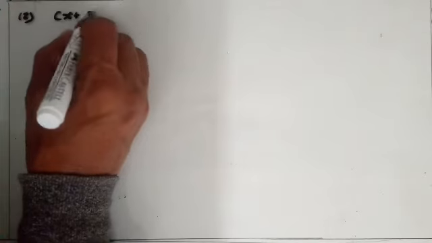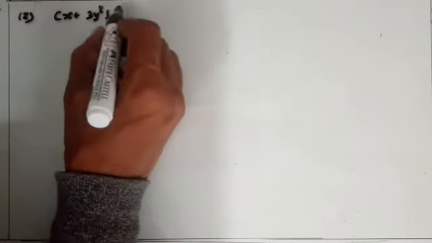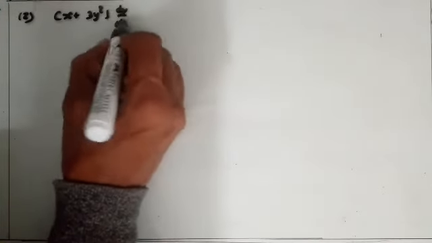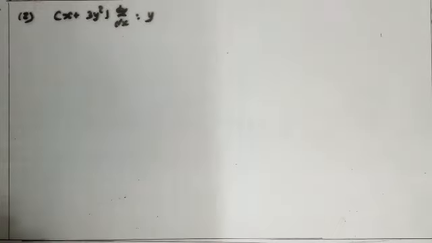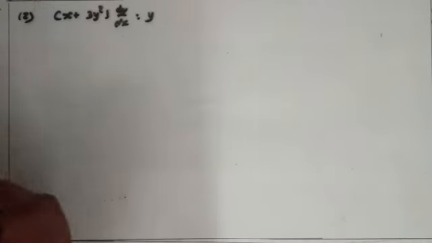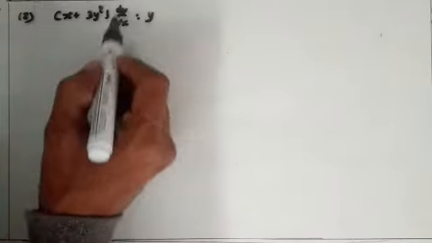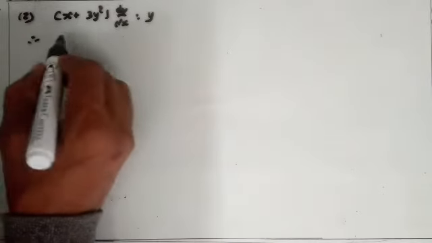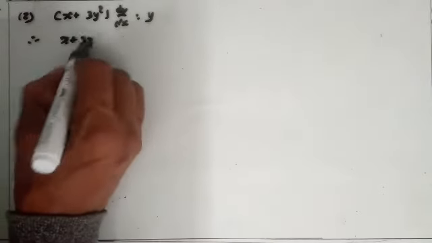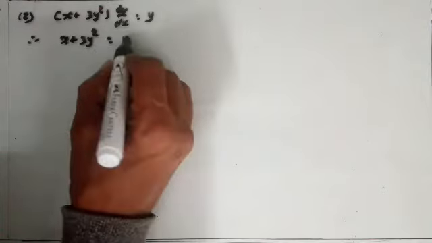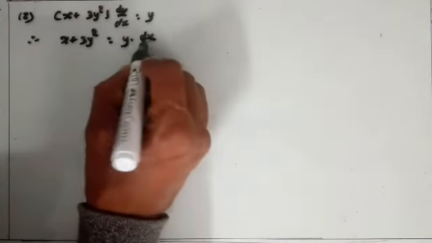Now next question, question number 12. x plus 3y square dy/dx is equal to y. Here dy/dx, take this side, so we get x plus 3y square is equal to y into dx/dy.